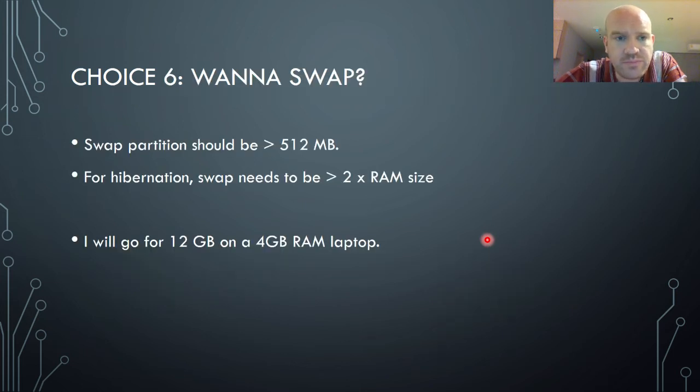So the next choice is, do we want swap? A swap partition is for easing up some of the memory management in the random access memory. And for hibernation, all of the RAM needs to be written down to the swap. So we need to have more than 2 times the RAM size as swap space, because we need to have the RAM active, and also we need to write it down somehow.